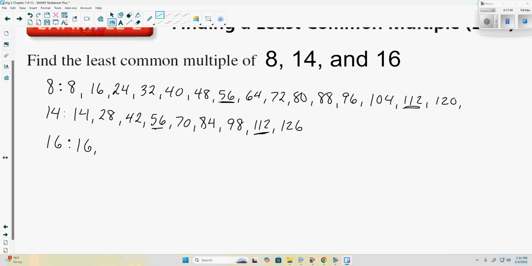Let's see if 56 will work. 16, 32, 48, 64. Well, we just skipped past 56, so it's not going to be it. 80, 96, 112.